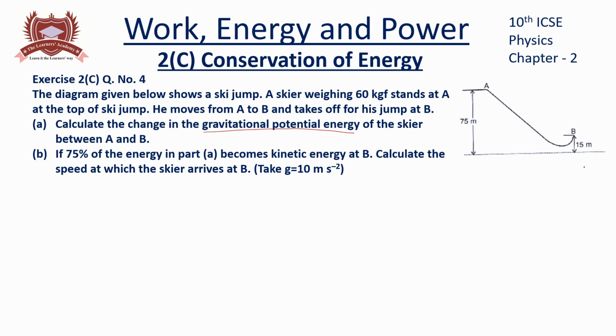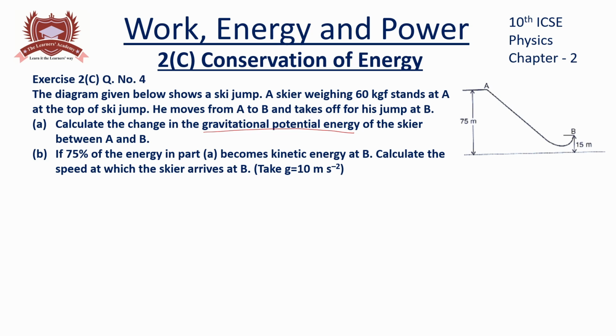Now 75% of the energy at A becomes kinetic energy at B. So calculate the speed at which the skier arrives at point B. Here gravitation is given as 10 meters per second square.